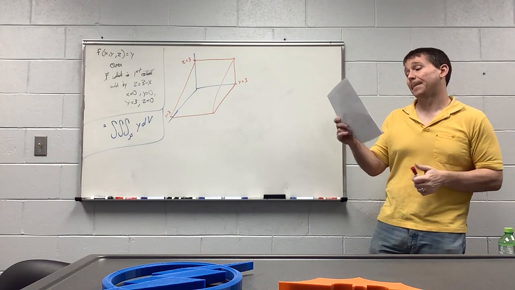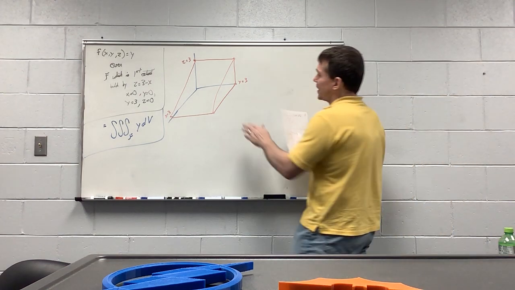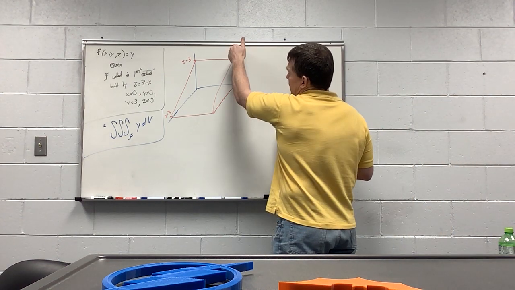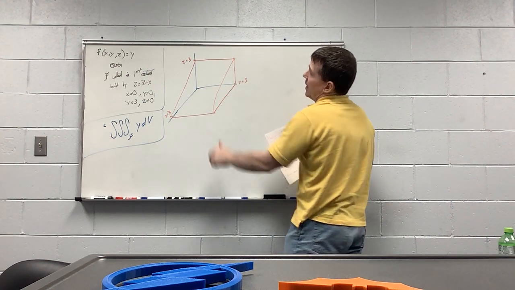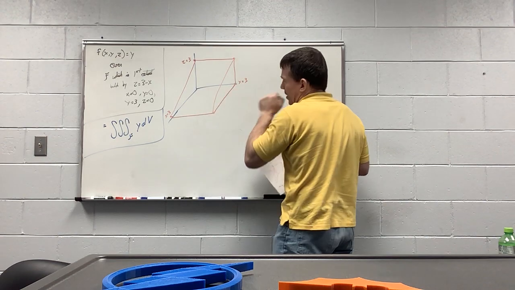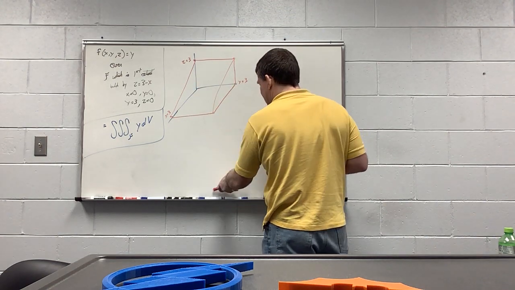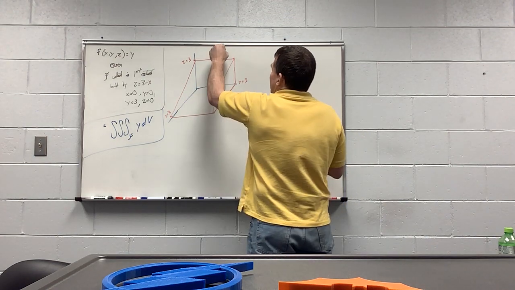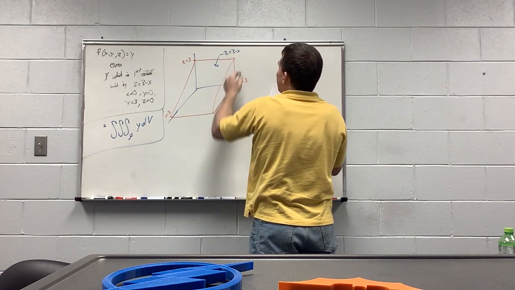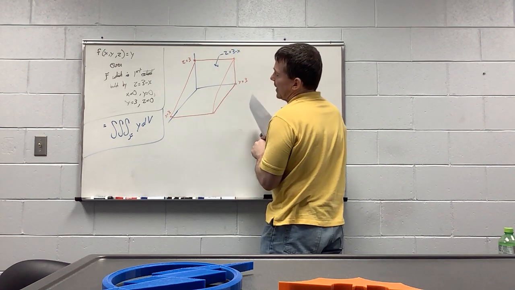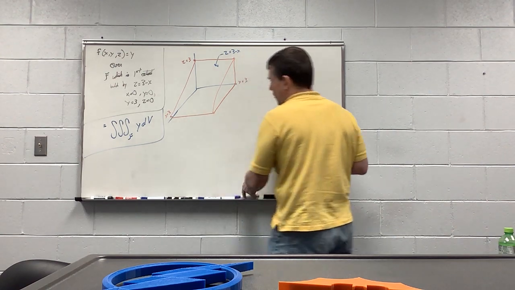And I get a ramp. And if it helps, again, this is where y equals 3, so this whole side of the ramp is the y equals 3 plane. The top right here, the ramp itself, is z equals 3 minus x, right there. That's my plane. And then this is x equals 3.